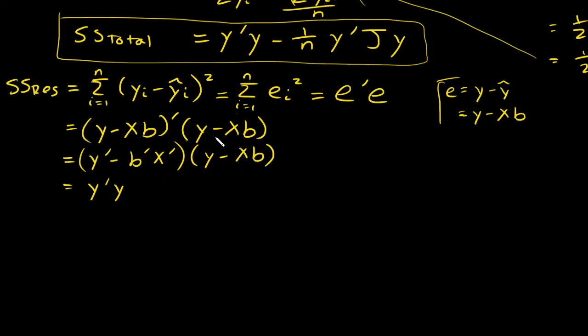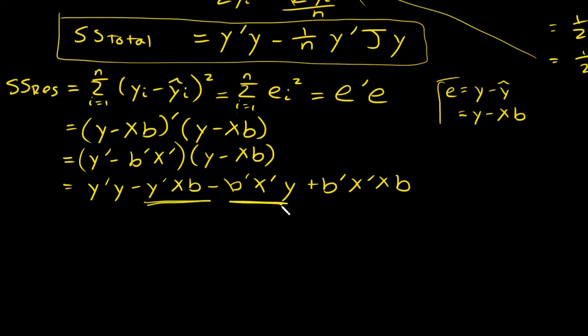Then Y transpose times the last term, so minus Y transpose X B. Then this term times that term, so minus B transpose X transpose Y. And the last terms multiplied by each other: a minus and a minus makes a plus, B transpose X transpose X B. These two middle terms are the same, so I can write them differently as minus 2 times B transpose X transpose Y. I just rearranged, using this notation.